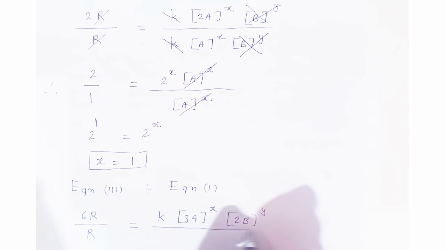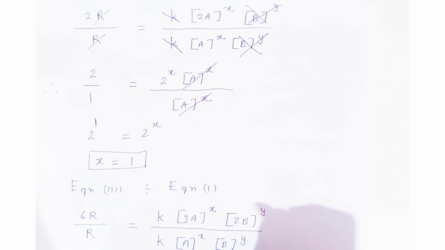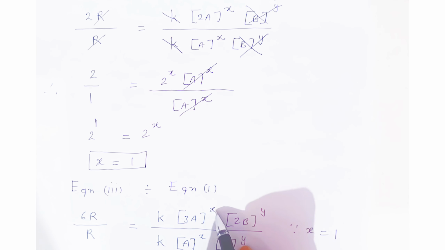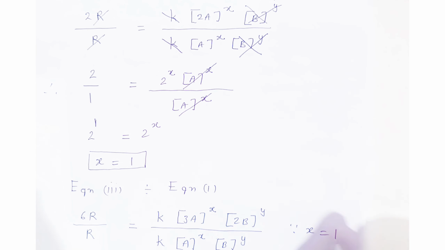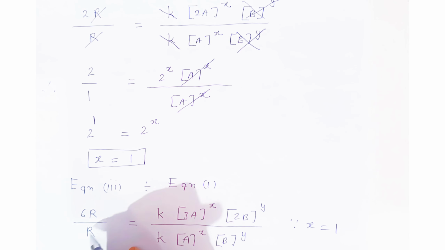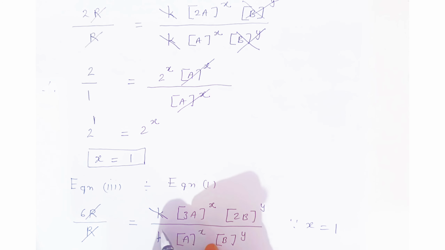You are dividing with the equation k into concentration of A raised to x into concentration of B raised to y. Since you got x equals 1, here you put 1 instead of x. Now you will get a new equation. Here r will cancel with r, k will cancel with k.